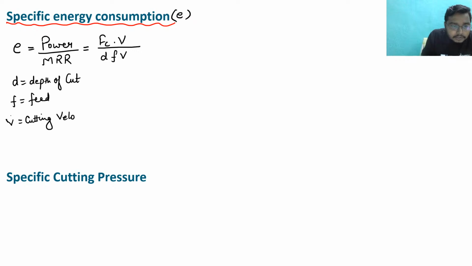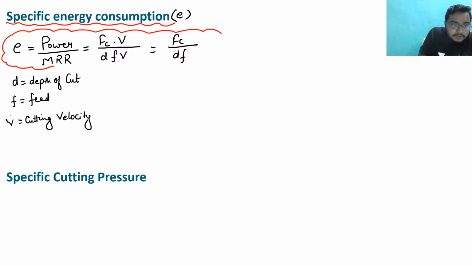Now see, this V gets cancelled out, so you are left with only Fc by Df. Clear? Fc by Df. Now please analyze the unit. This is the formula of specific energy consumption.